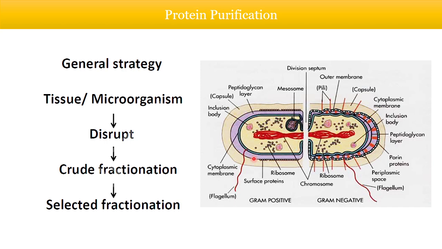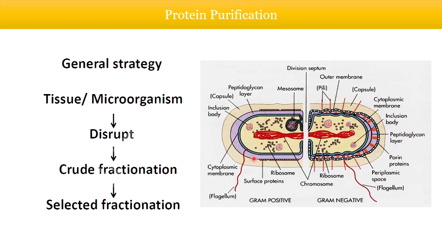After disruption of the cell, the protein comes out in the form of a crude extract. This extract then has to undergo crude fractionation, where we remove the unwanted crude products and get our own protein of interest, and from that we have to find out what our protein of interest is.